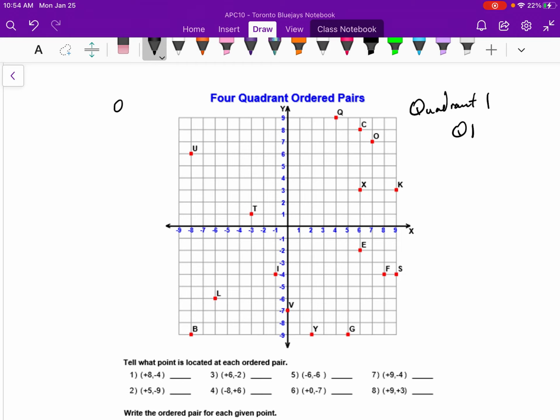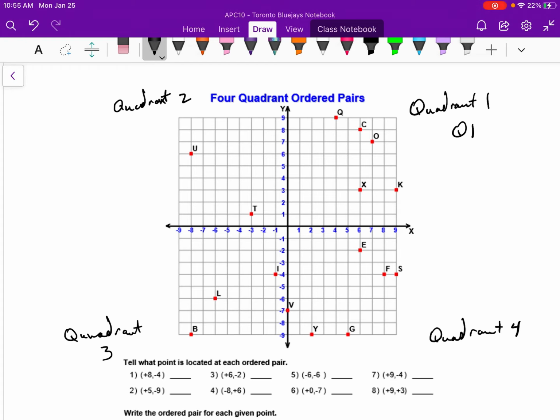And then we move in a counterclockwise direction, and this is known as quadrant 2. Quadrant 3, and quadrant 4. So these are the quadrants.